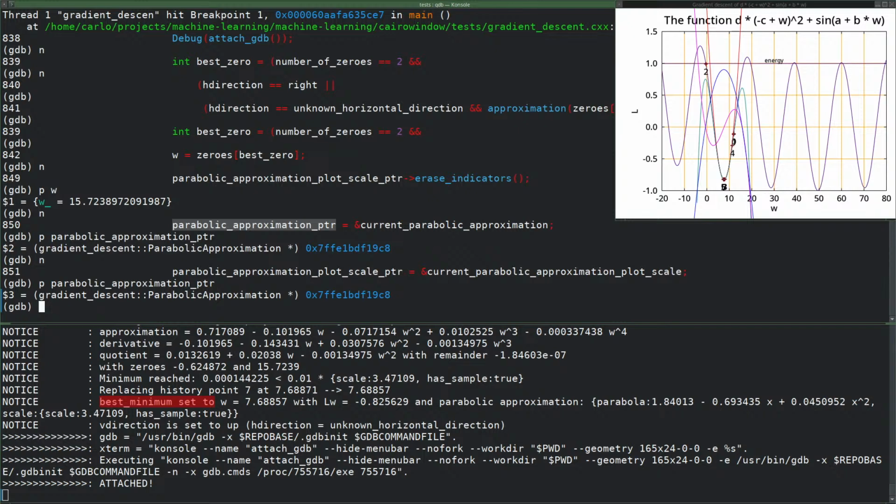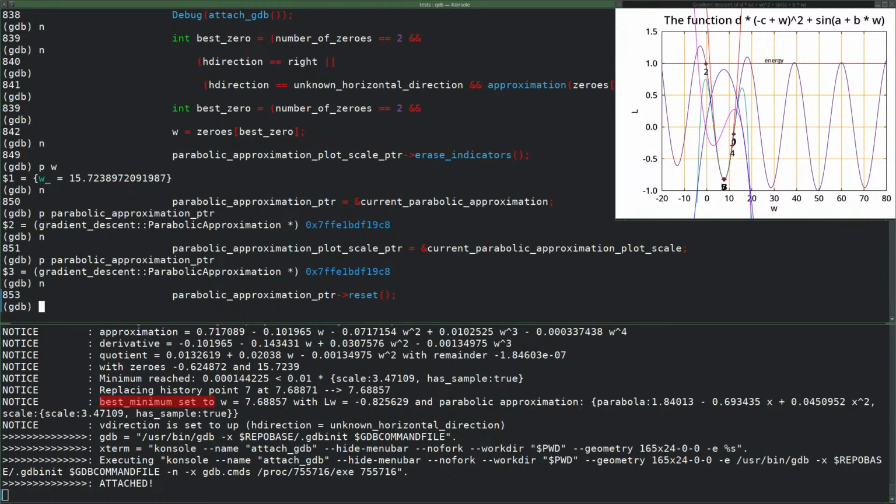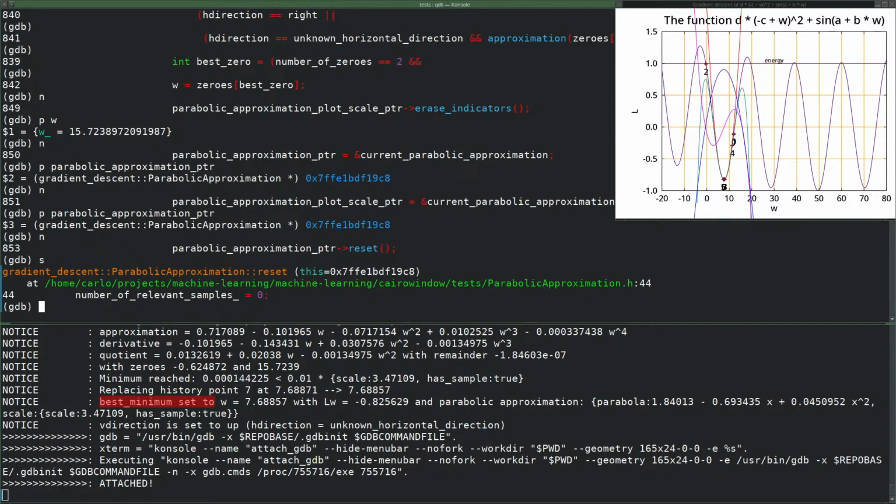Why? Strange. Let's see what this does. Number of samples is the relevant sample set to 0.